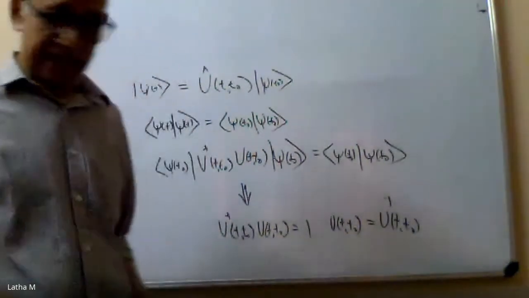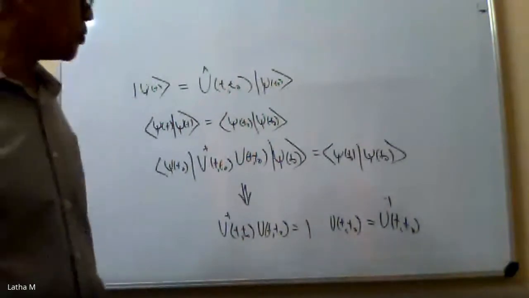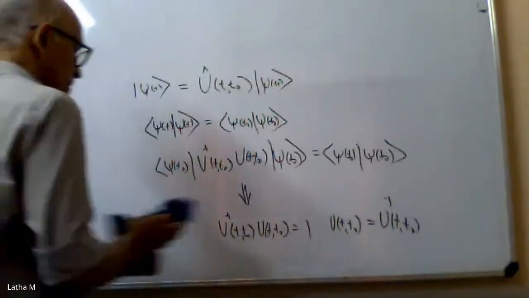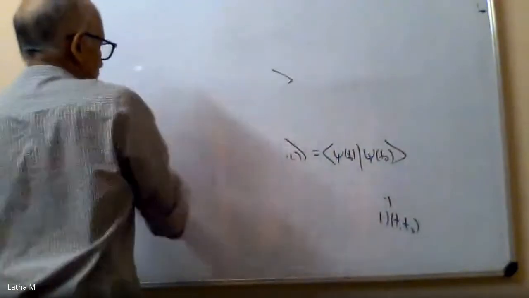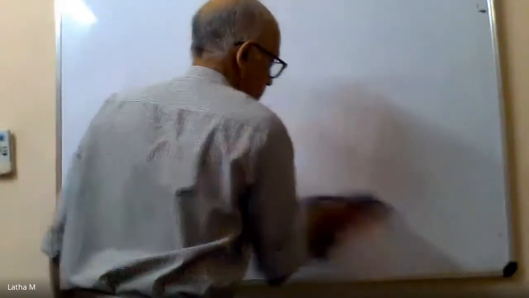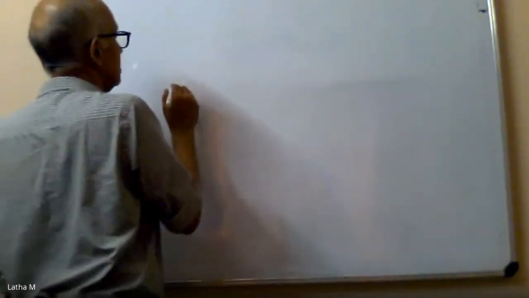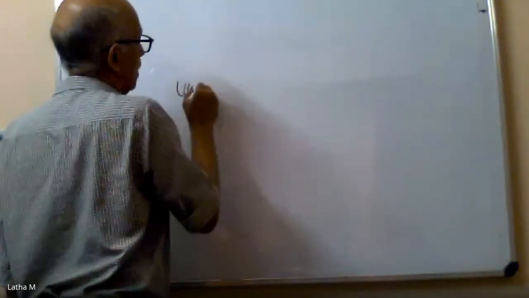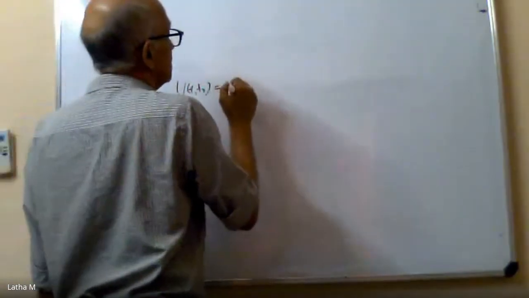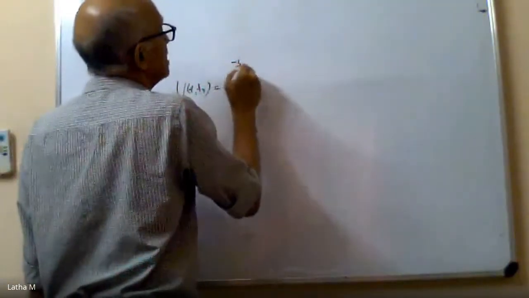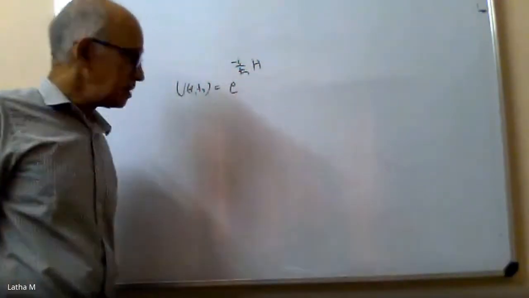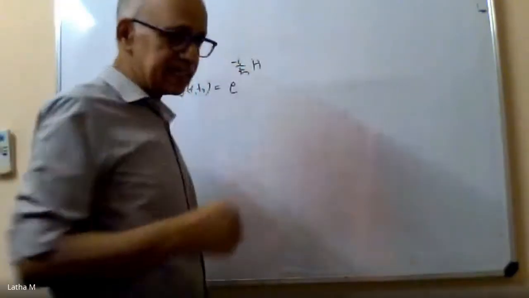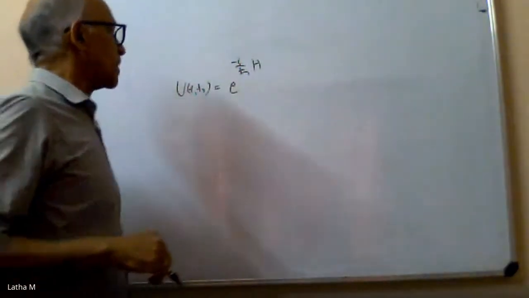Okay. Then we know that any unitary operator can be written as U equal to some exponential of minus i by h cut times H, where H is a Hermitian operator.